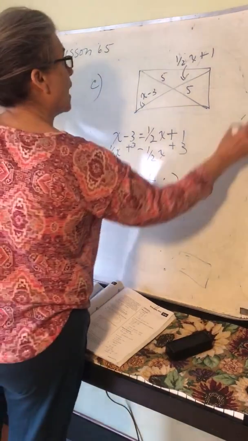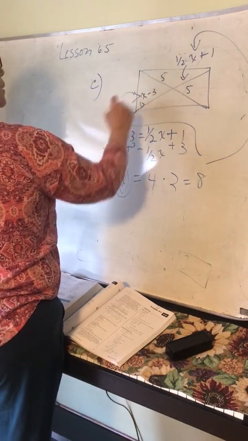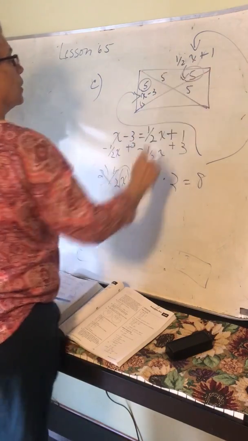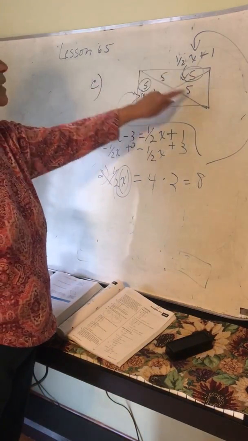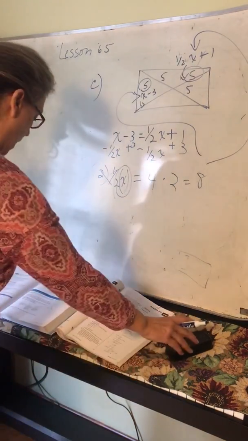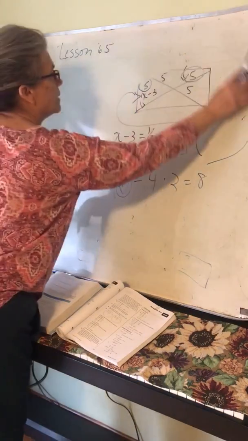Then when we put the 8 back in here, and the 8 back in here, we get 5 here and 5 here. So this diagonal is 10 and this diagonal is 10. This is a rectangle.